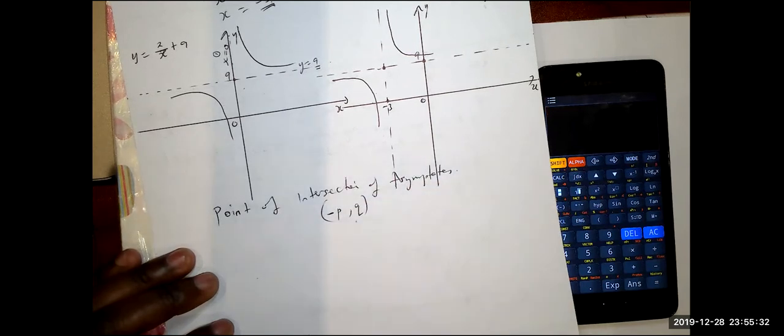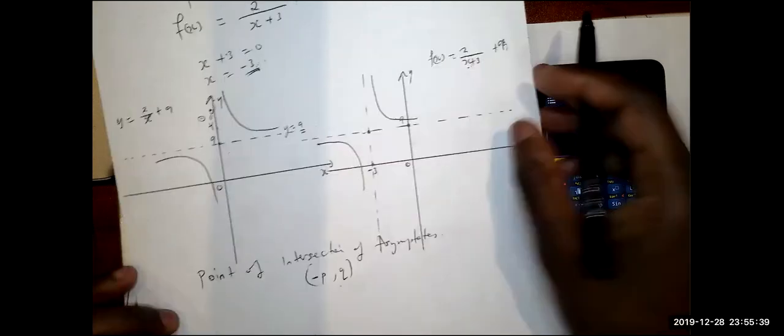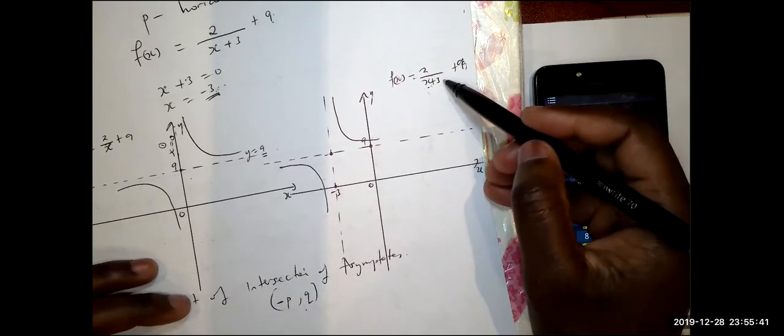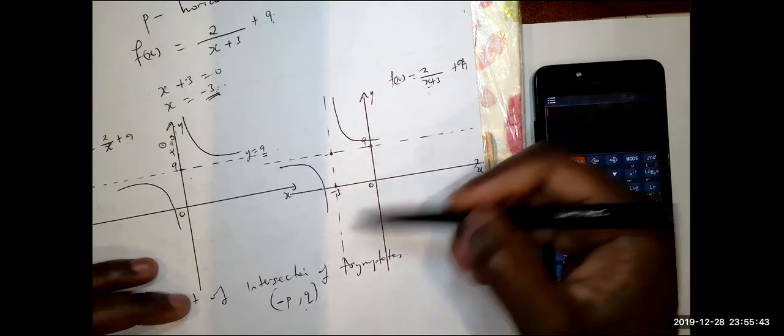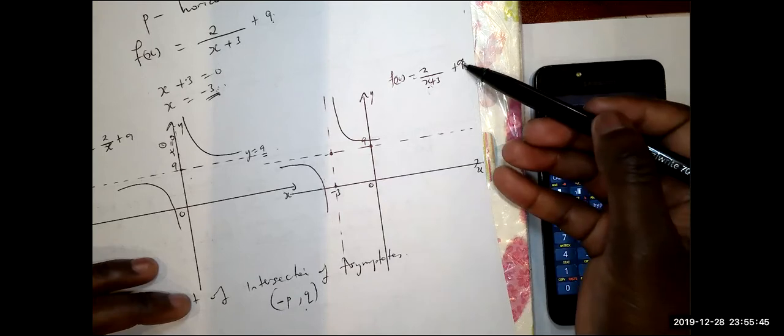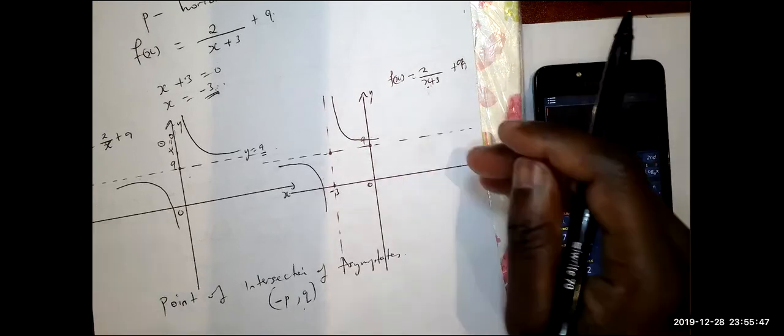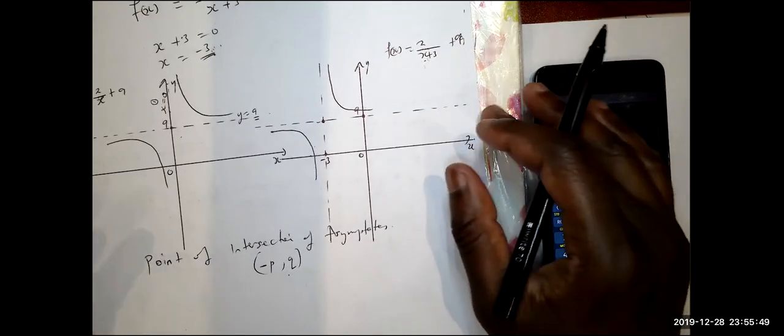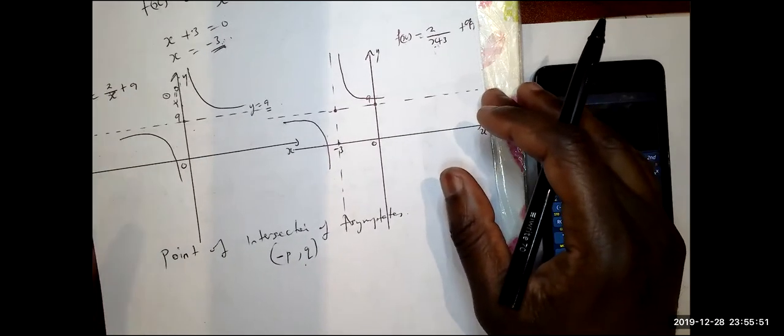Remember, it's just like the turning point that we did previously. So here your p is what? Your p is 3, so it's just negative 3. That's what we have here, and you just pick the q. That's how you get the point of intersection.